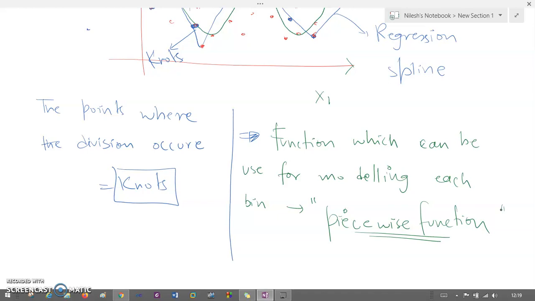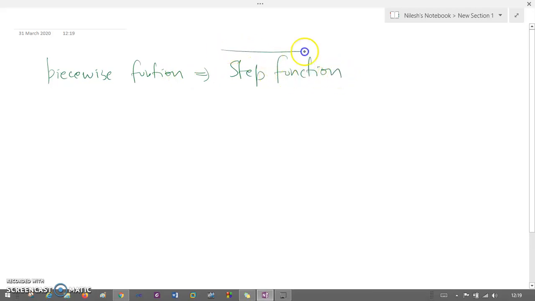And there are numerous piecewise functions available in mathematics, and the most widely used piecewise function is known as the step function. The function that we use is the step function. This is widely adopted for modeling purposes.